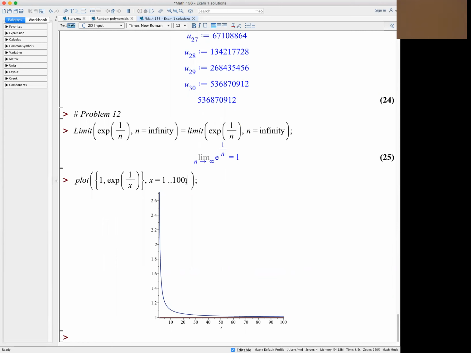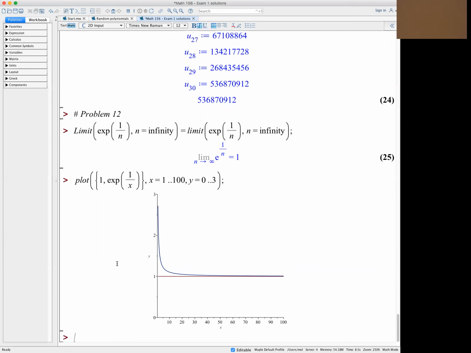Let's just graph this maybe for y going from 0 to 1.2. Yeah. See, that's what's going on. This function is decaying. Now, maybe make it 3. Yeah. So e to the 1 over x, it's decaying and it's approaching 1 in the limit, and it's always bigger than 1. And in fact, it's monotonically decreasing.